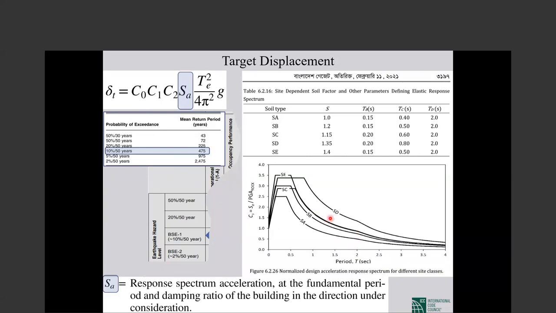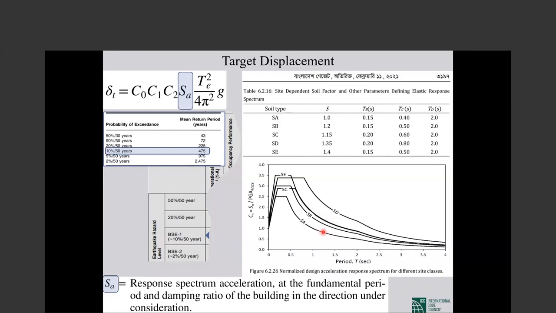Then if you have the omega, if you divide the acceleration by omega squared, it gives you a good estimation of the displacement. If divide by omega, you get a good estimation of velocity.